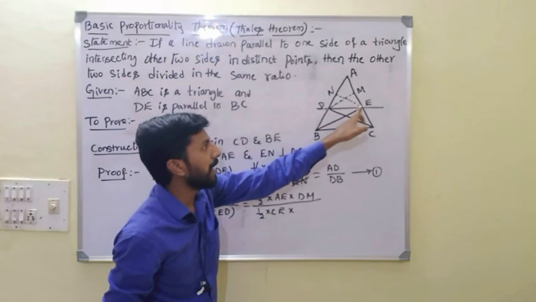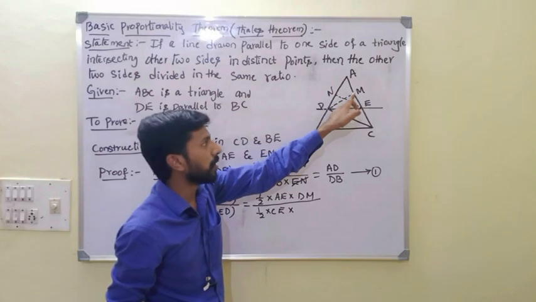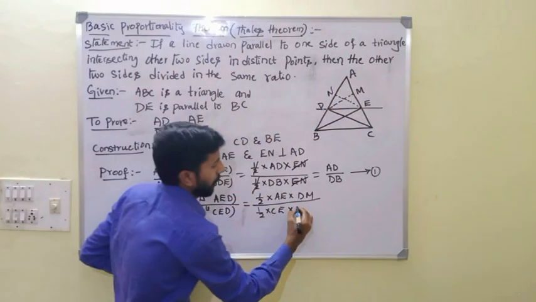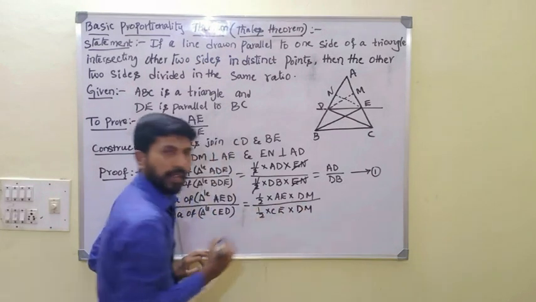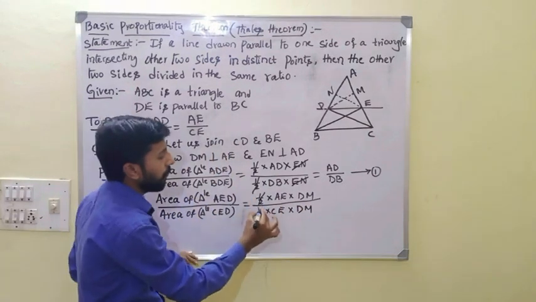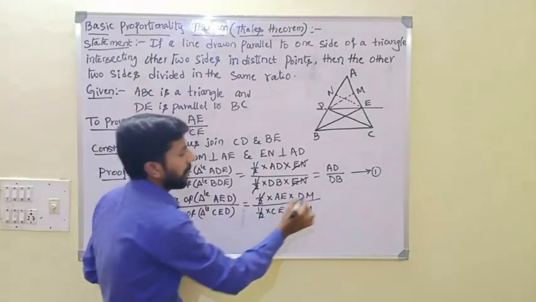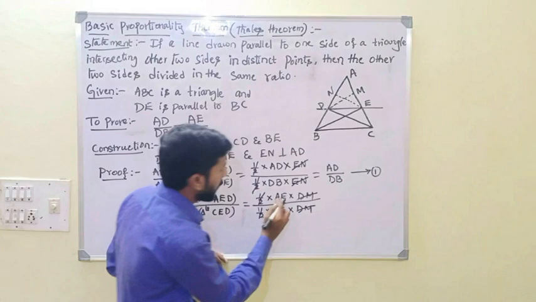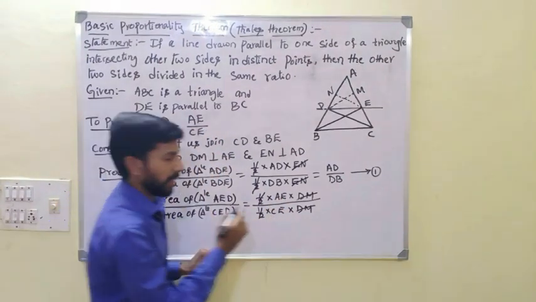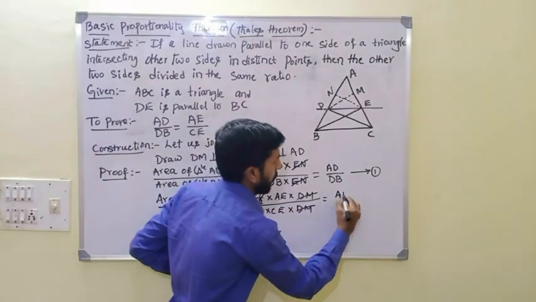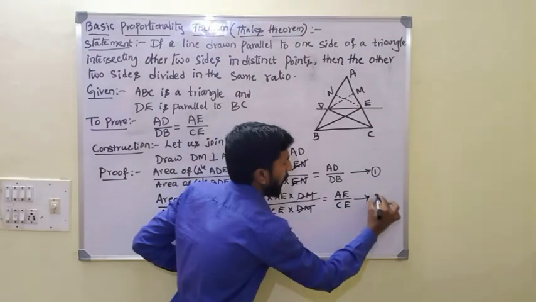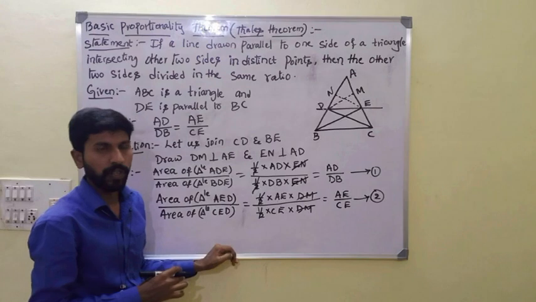The line is extended up to here and the perpendicular becomes DM. Here I can cancel half and half, DM and DM. The remaining is AE divided by CE. This I will take as equation 2.